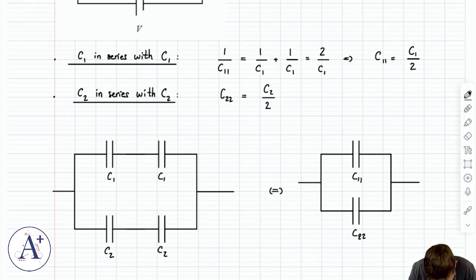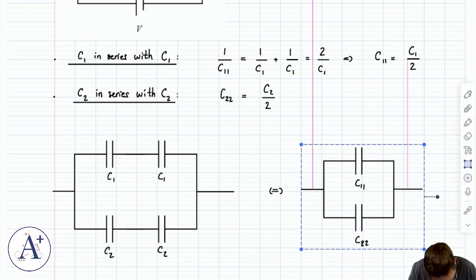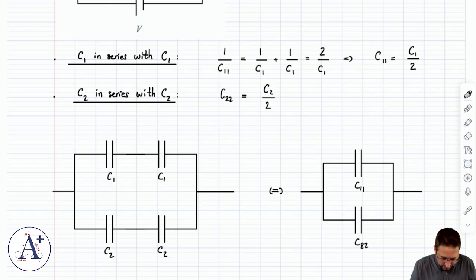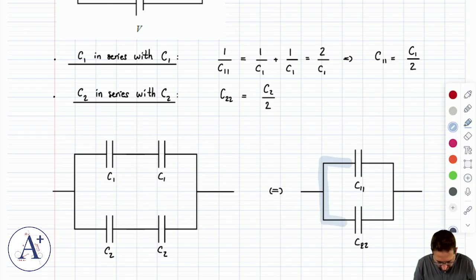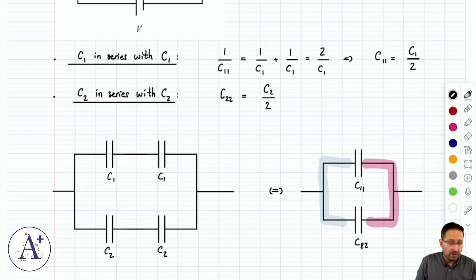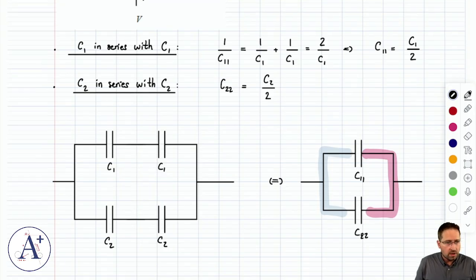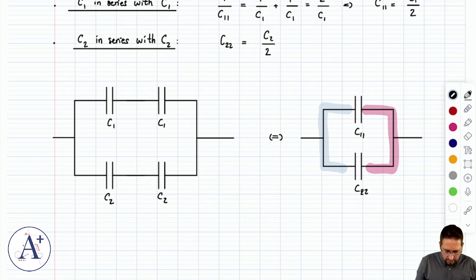Same thing. All right. Now if I look at C11 and C22, hopefully I can convince myself that they're in parallel. They're in parallel because they're connected the same way across the blue and the red wires here. Right? Left of C11 and left of C22 are connected to blue. Right plate of both are connected to red.